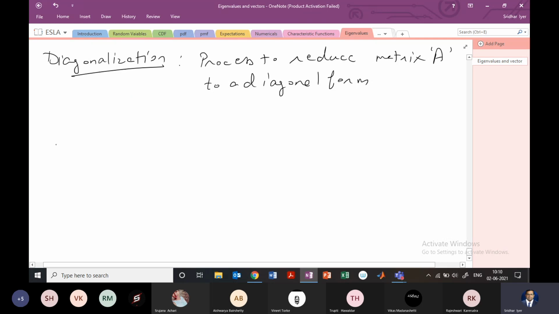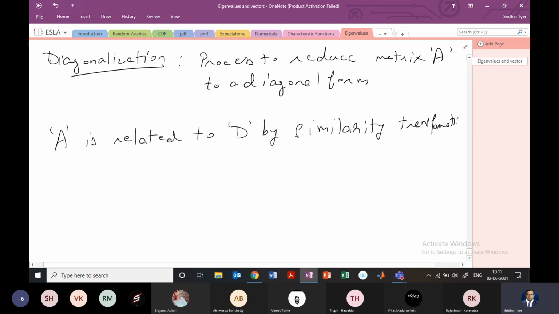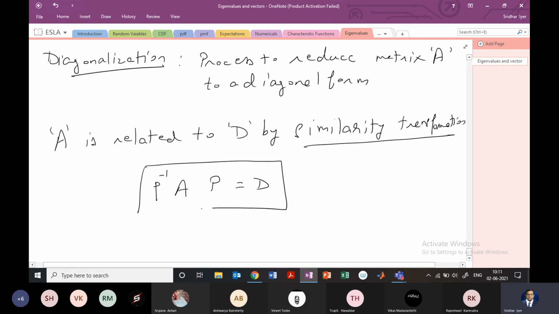The given matrix A is related to the diagonal matrix D. This is the nomenclature we'll use. The given matrix A will be related to the diagonal matrix D by what is known as a similarity transformation, and that transformation is P inverse A P equal to D. This is a very important equation, and this is what is going to be used.